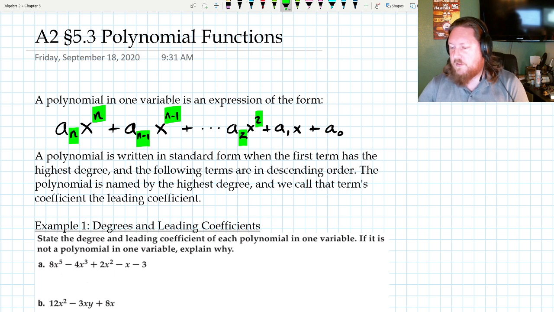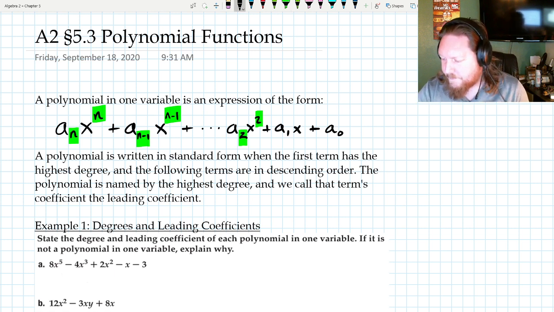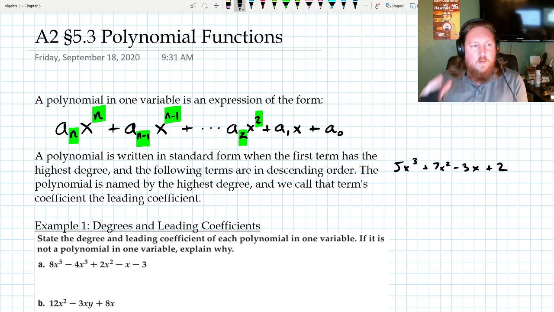Basically, if you have something like 5x cubed plus 7x squared minus 3x plus 2, this is a polynomial, and each one of those coefficients is attached to a particular power of x.